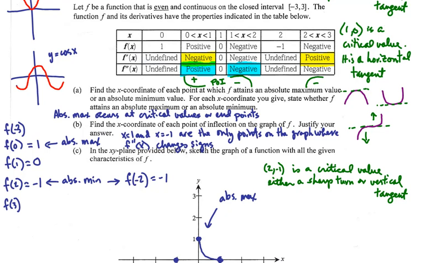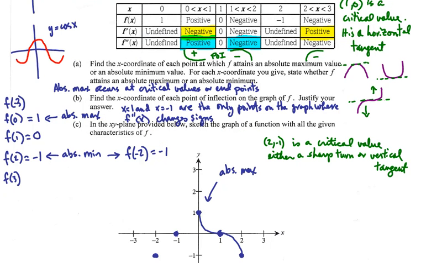Then from x equals 1 to 2, I'm leaving that horizontal tangent, so I need to start off on a horizontal tangent, and the function is negative, decreasing, and concave down. After that point, the function is negative, decreasing, and concave down.